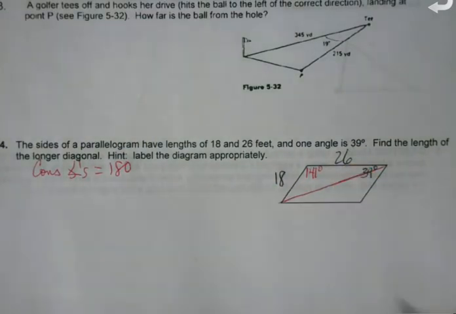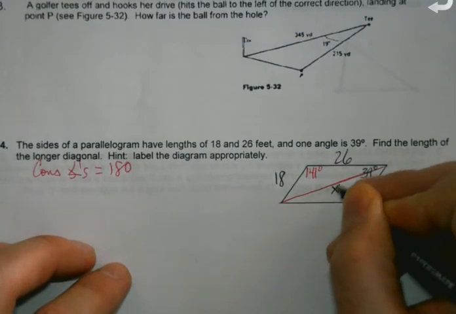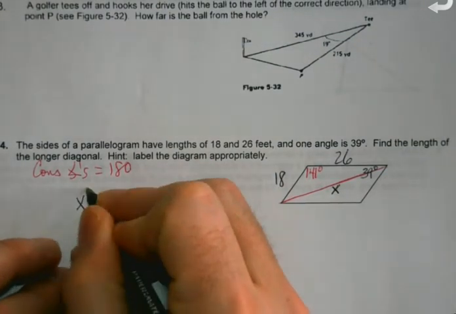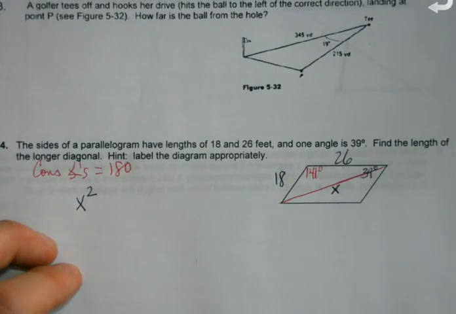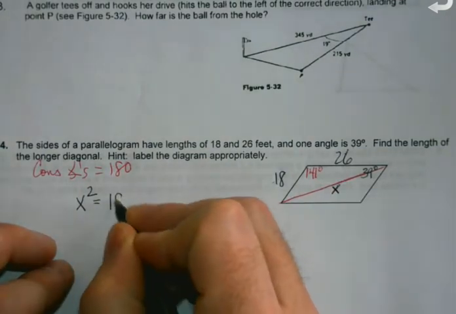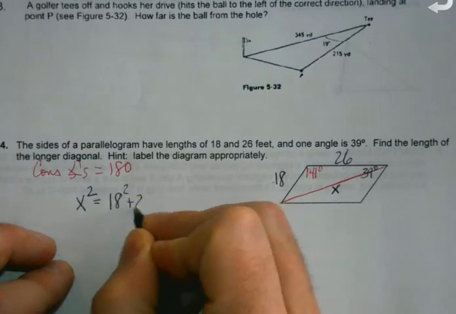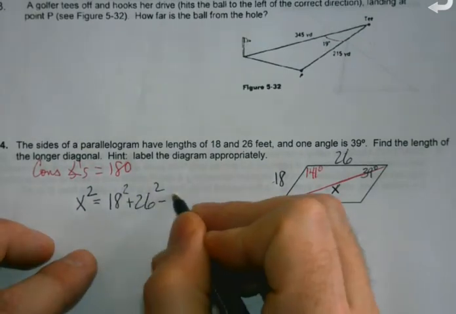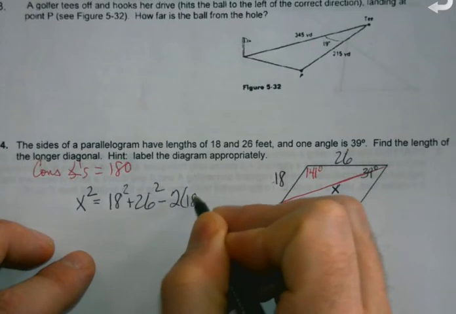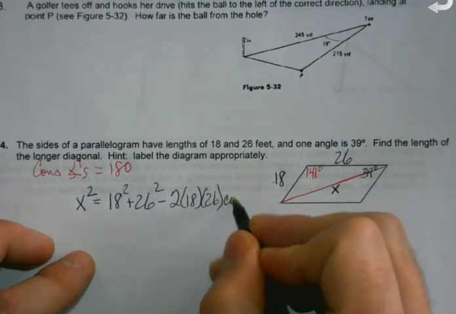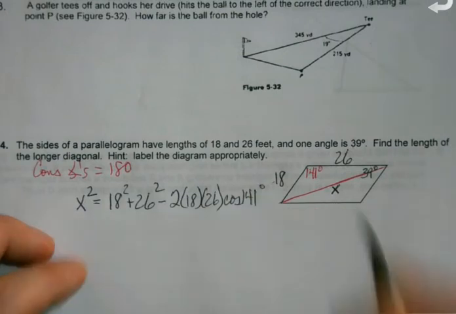Since this is what I'm looking for, x squared, my missing side, is going to equal the sum of the squares of the 2 sides that I have, minus 2 times their product, times the cosine of my angle.